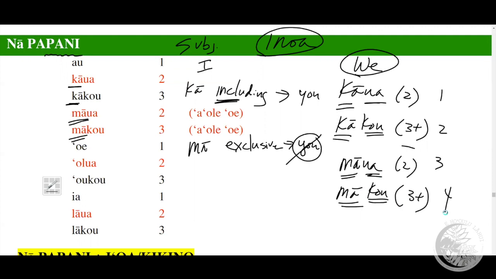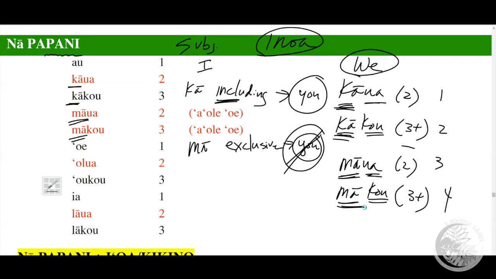When we say we, it tells you very clearly if I'm including you or if I'm excluding you, by the sounds ka versus the sounds ma. And so again, it always depends upon whether or not you include the person you are addressing.